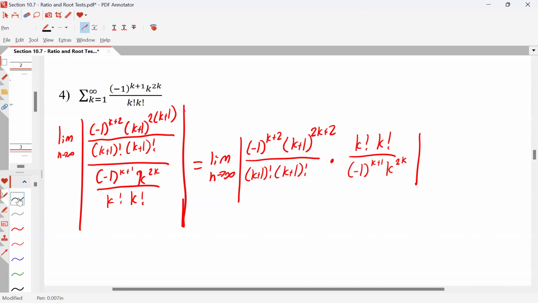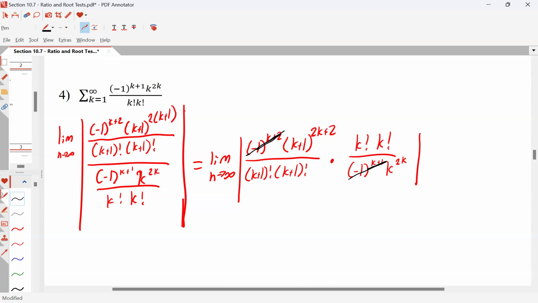Noting some things that cancel. Number 1, we're looking at an absolute value. So not only do the -1s cancel each other to become just a -1, but since it's inside an absolute value, we don't care about them at all.